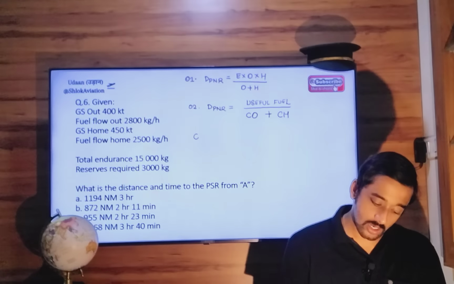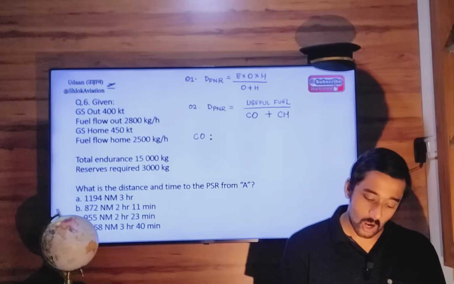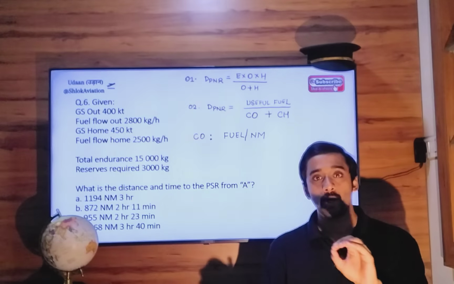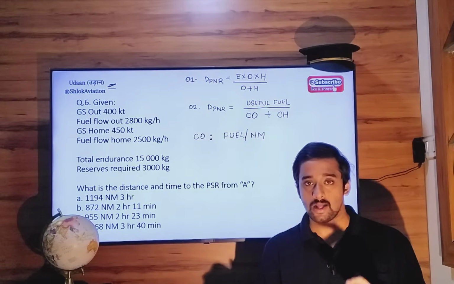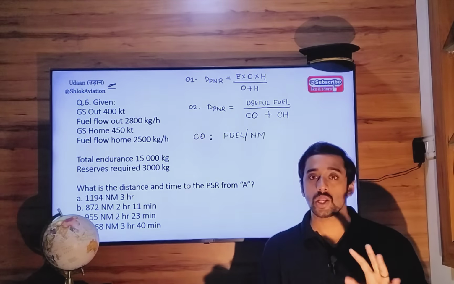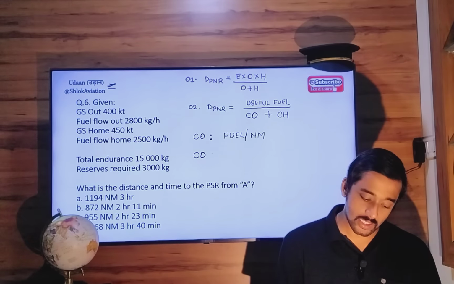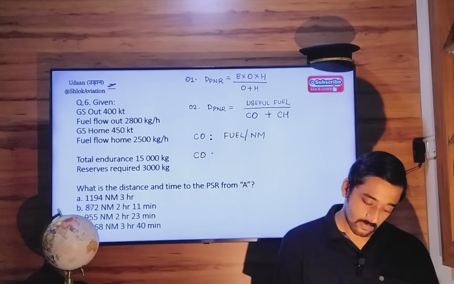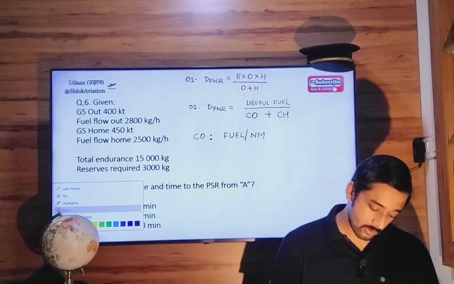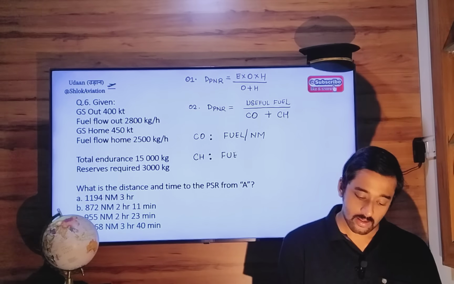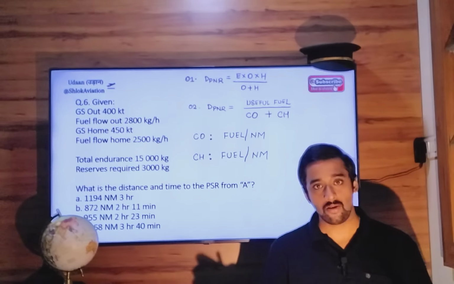Now, fuel consumption outbound is nothing but how much fuel you consume every 1 nautical mile. How much fuel do you require to travel 1 nautical mile? So, fuel consumption per nautical mile. And similarly, fuel consumption homebound means how much fuel you require traveling every 1 nautical mile.